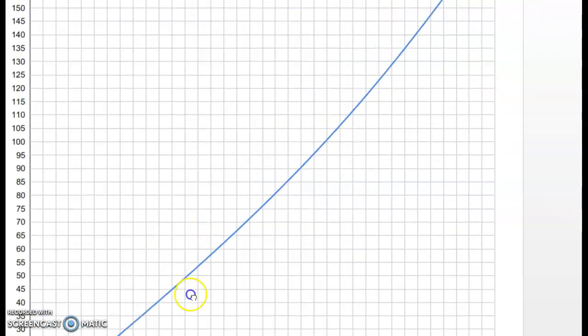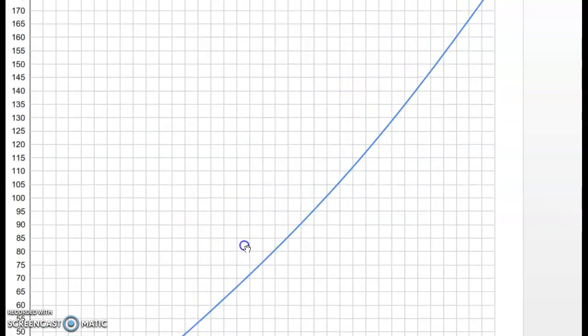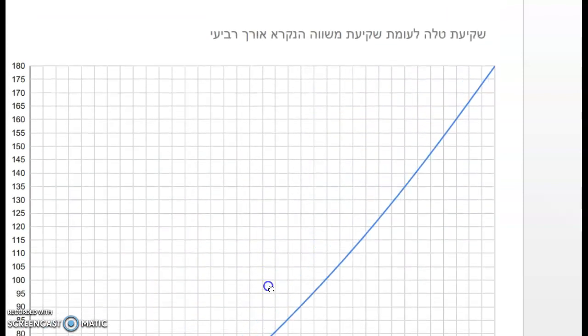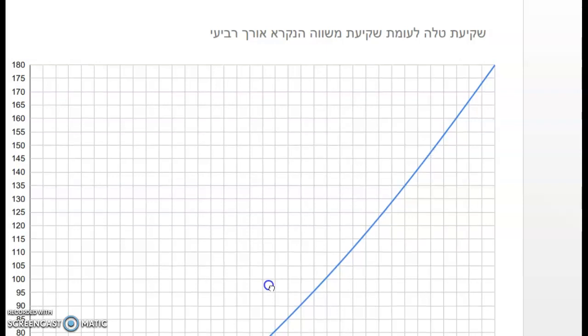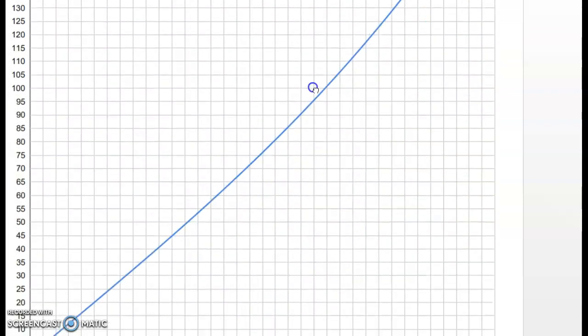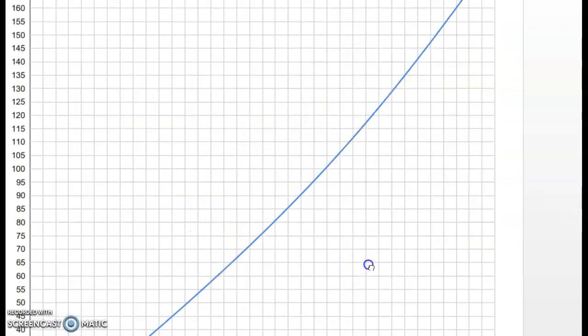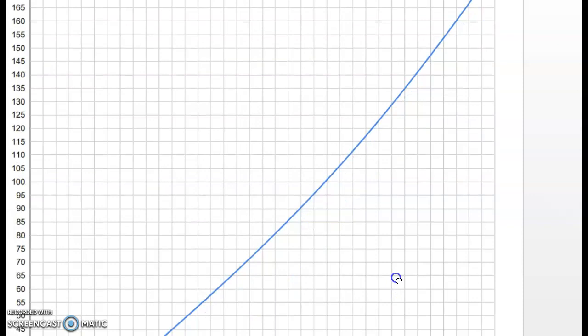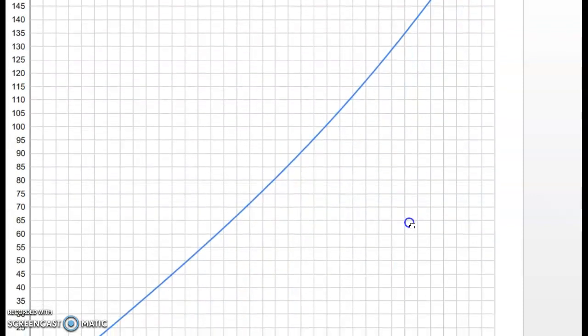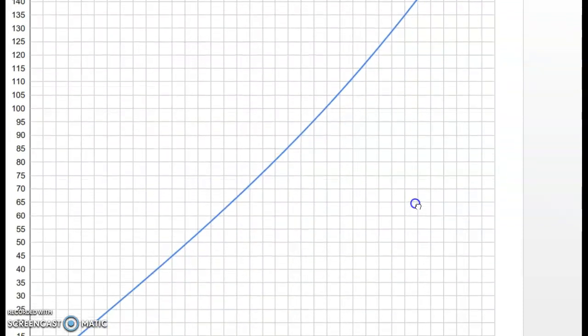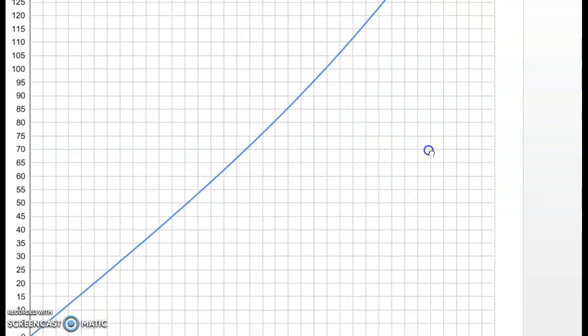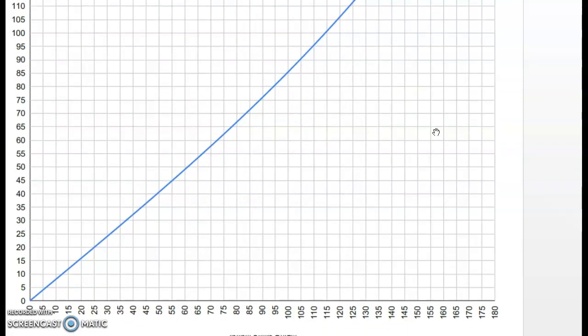Take a look, here you can see a nice big chart. It goes Shkias Talel, Unas Shkias Majve, Hanikra Erechavi. You can use this chart from 0 to 180. And if somebody would ask, how long does it take for the second part?